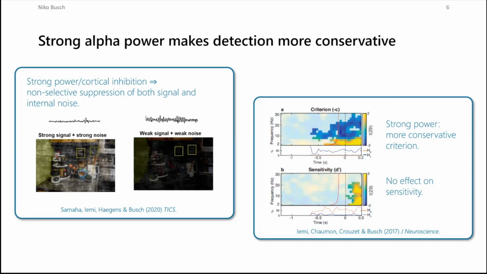Now, this is the same image in a moment when your alpha rhythm is small, so there's more excitability, and according to this model, more excitability results in the amplification of the signal. That's why there's more stuff you can see here, but an equal amplification of internal noise. That's why this image is kind of blurred.